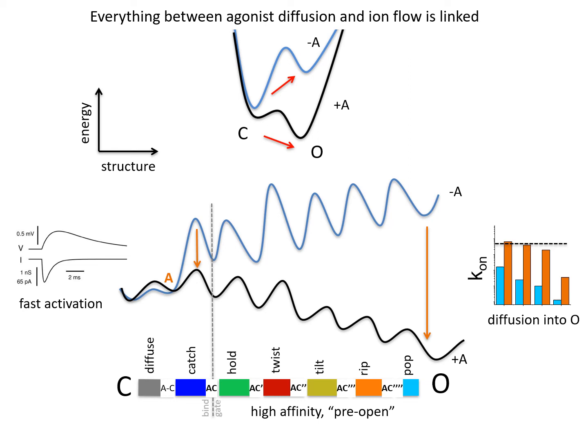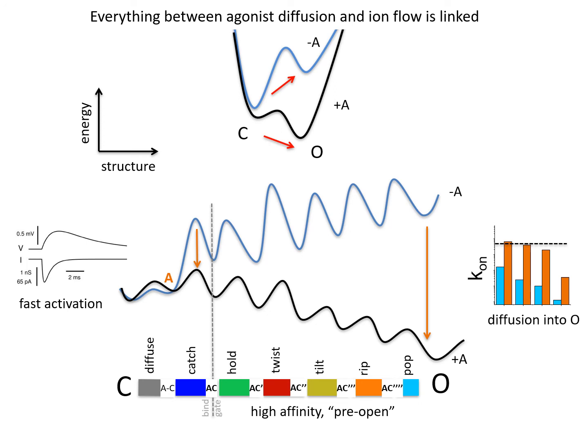But it also describes that weird result that the binding to C is not by diffusion, whereas binding to O is. So that means binding to O is diffusional, means that catch is already there when you cause the channel to open constitutively. So the right red arrow means I've made a mutation that lowers the state, lowers O, that forces the system into O. So that means everything is going to be propagated backwards, as I described in the cubic model, so that not only does tilt promote rip, but rip promotes tilt.